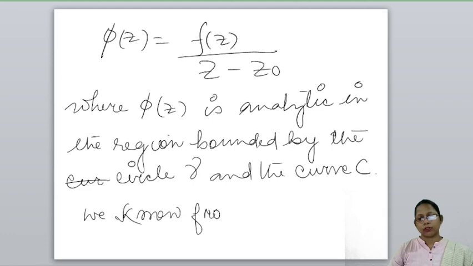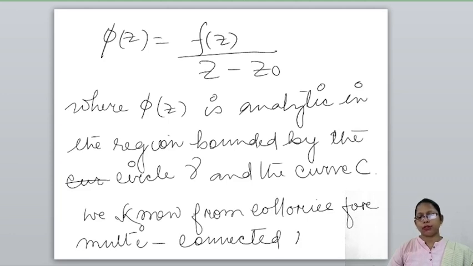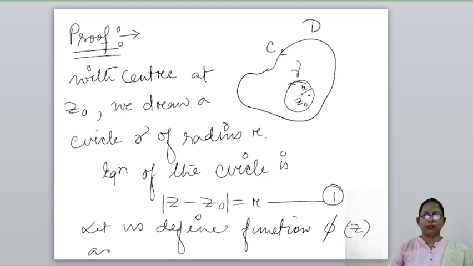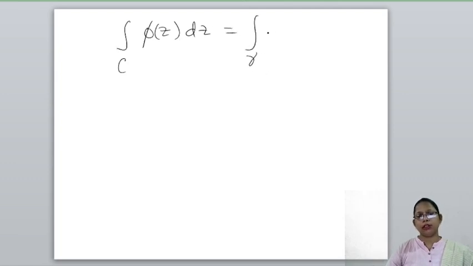We know from corollaries for a multi-connected region that the integral of phi(z) over this circle is equal to the integral of this function over the curve C. That is, the integral over C of phi(z) dz is equal to the integral over gamma of phi(z) dz.